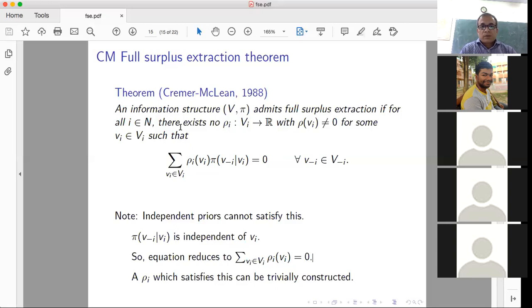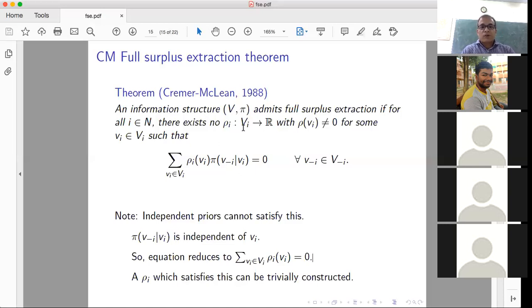Remember the condition says that there should exist no rho i with rho vi not equal to 0 for some vi. But I can always construct a rho system which sums to 0 trivially, right? With some positive and some negative elements. So with independence, I can never satisfy this condition.